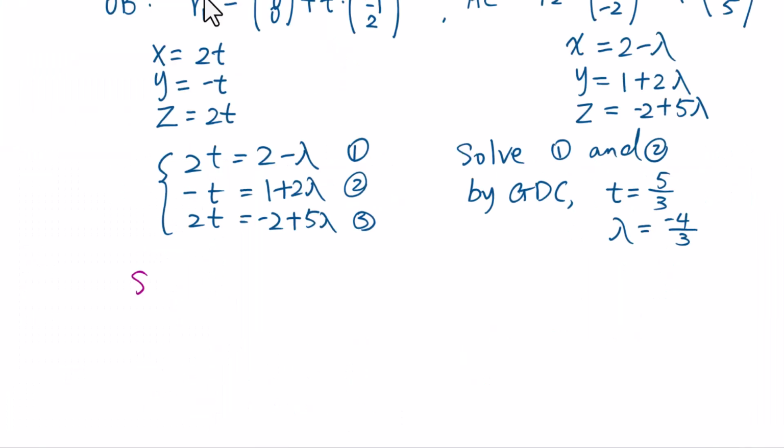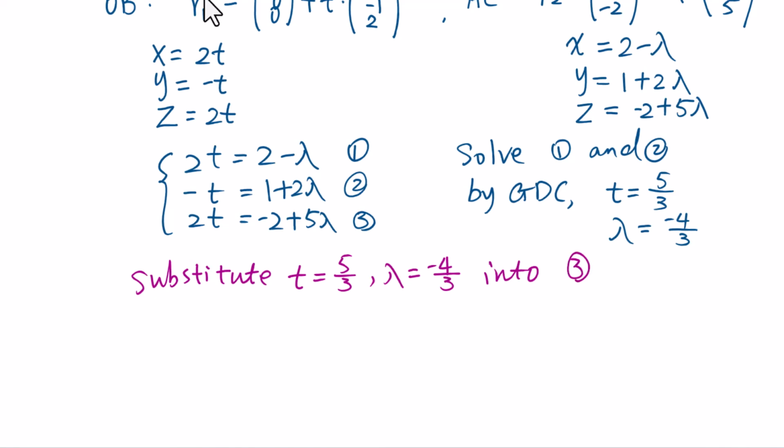Then we will substitute t equals 5 over 3 and lambda equals -4 over 3 into equation 3. 2 times 5 over 3 equals -2 plus 5 times -4 over 3.